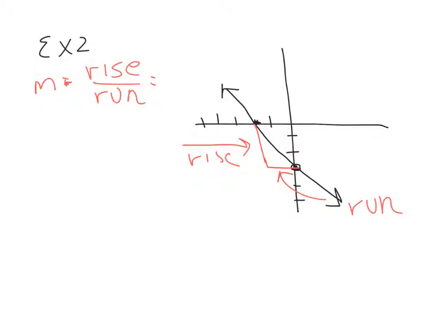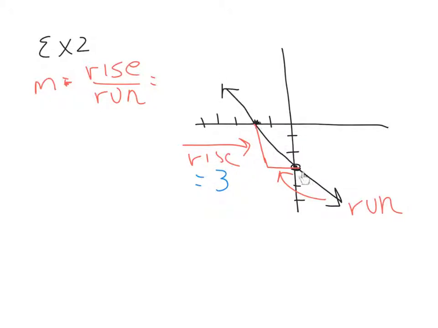Now, if you're counting rise and run, you also need to look at the direction of the graph. This line goes downhill. This is a downhill slope, so this slope is a negative number.